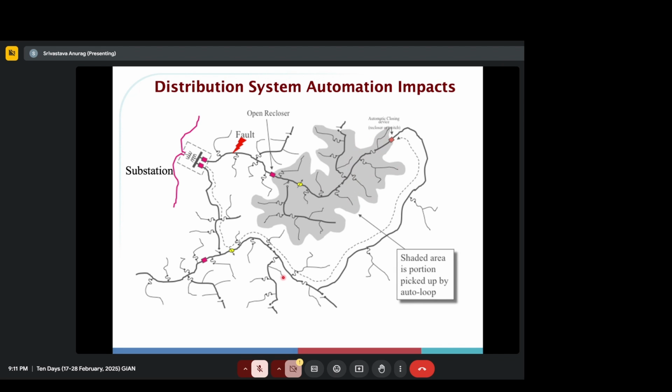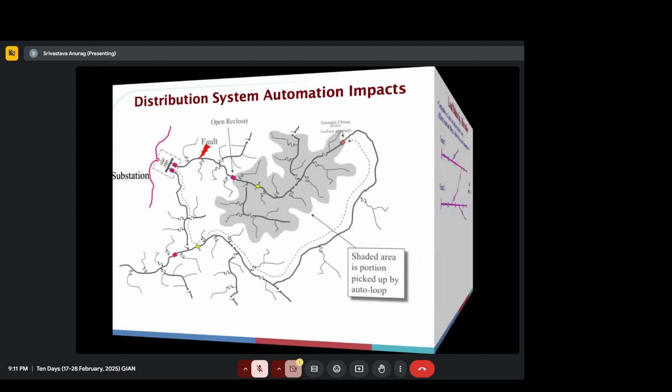So distribution automation and the ability to pick up the load depends on the number of switches, where they are connected, the number of feeds, and the rating that can pick up the load. If this feeder, which is coming from here, is not rated to pick up this region, then we cannot close it. So everything needs to be planned and closed in that way.